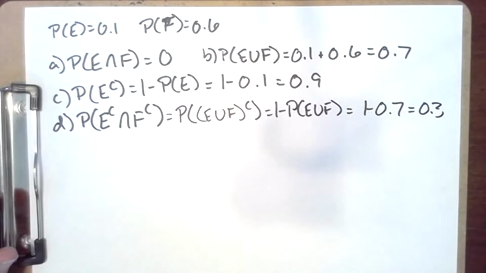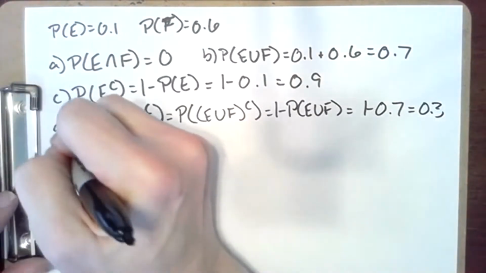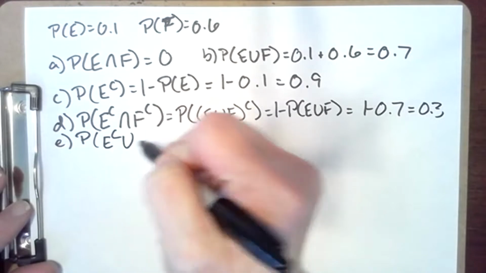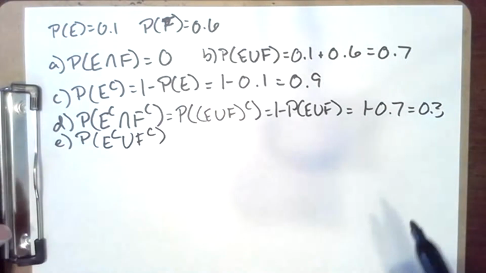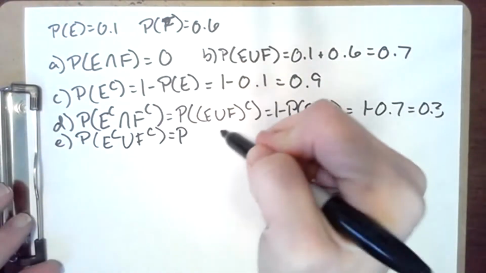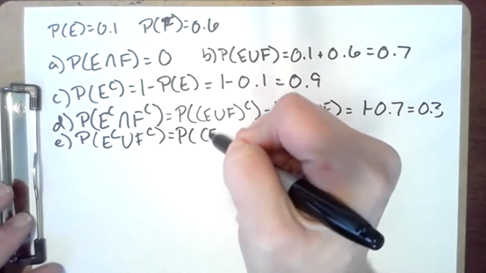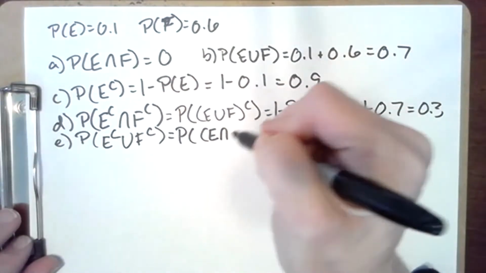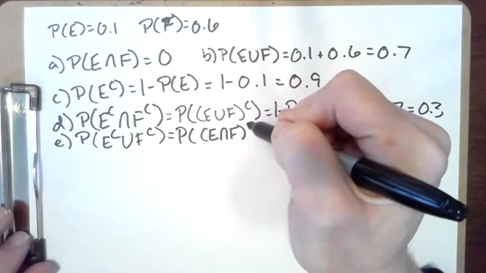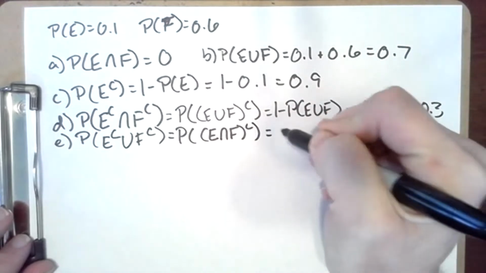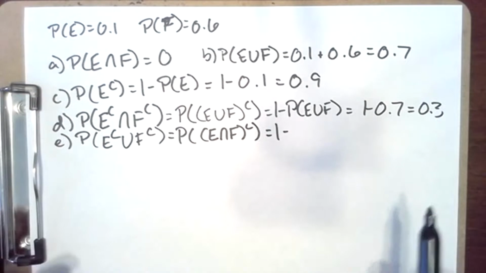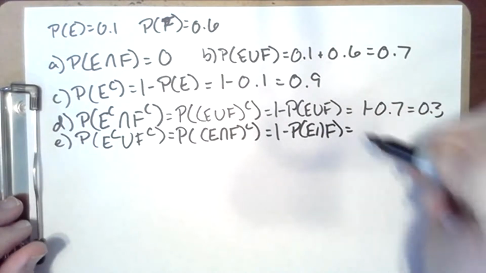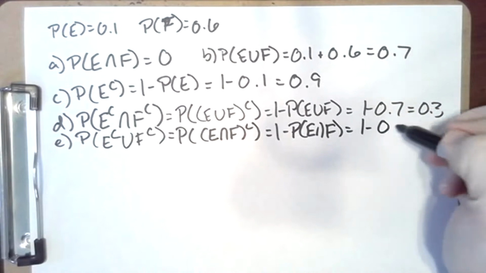Finally, we're asked for the probability of the complement of E or the complement of F. Sorry, this should be complement of E or the complement of F. But that's the same as saying the probability of the complement of E and F, which is 1 minus the probability of E and F. So that's 1 minus 0, which is 1.